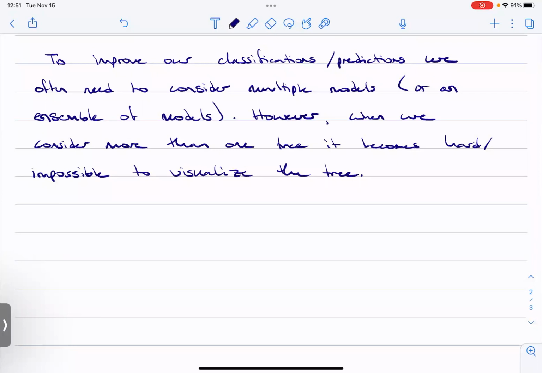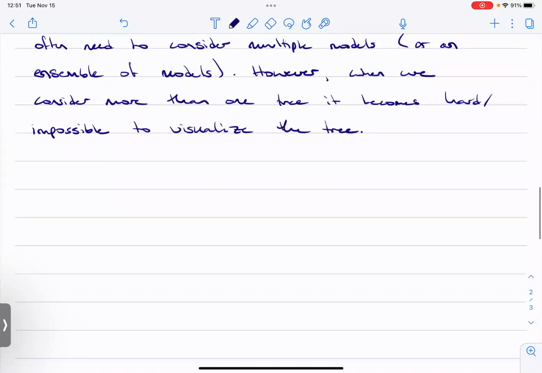So the first step into ensemble methods, where we consider more than one tree, so multiple trees, is bagging, which is bootstrap aggregating.